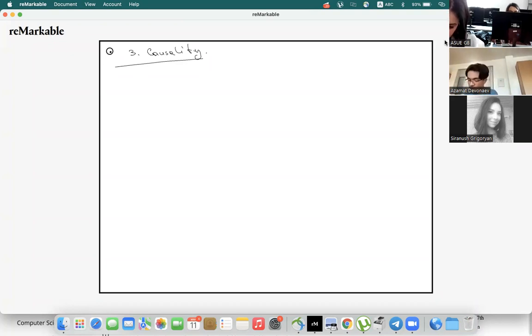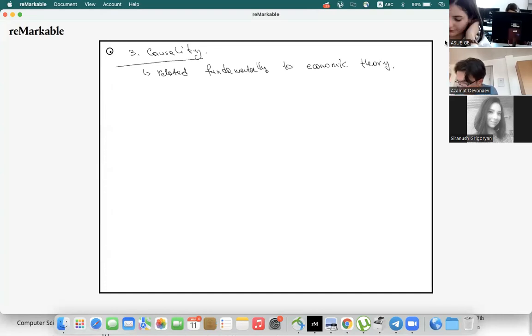And here it is related fundamentally to economic theory, because if you want to explain wage with something that is going on Mars, then you have to be very clear that there is an economic link, that something going on Mars affects the wages in Armenia.